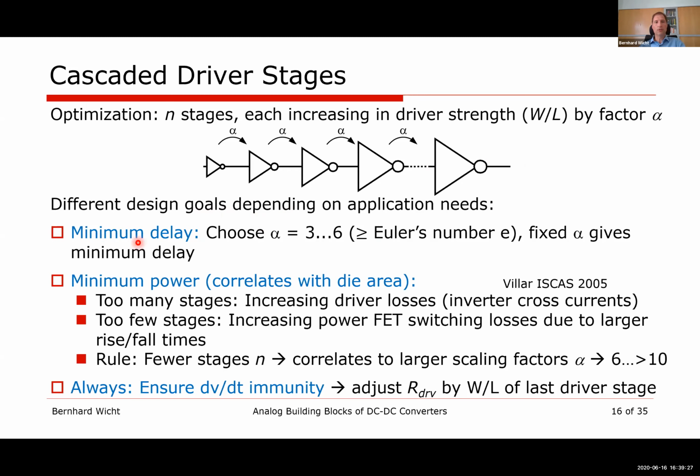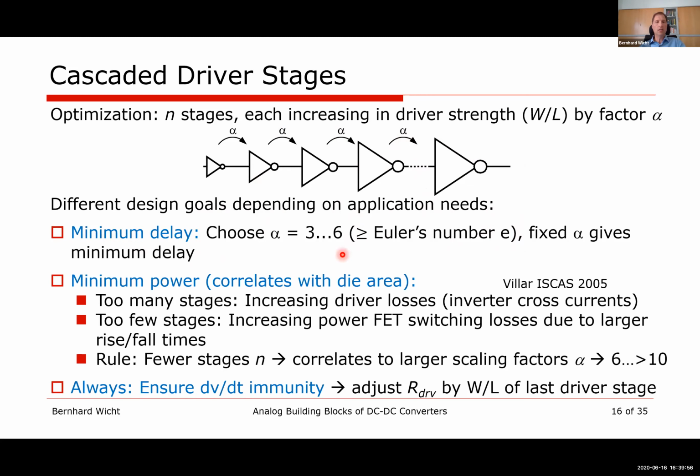And of course, it's known already for many years. In the 1970s, we learned that if you want to drive off-chip capacitive loads, then it's good to have this kind of cascaded drivers approach with a scaling factor alpha, sometimes also called tapering factor, which in the easy estimation should be equal to Euler's number, which is 2.7 something, right?